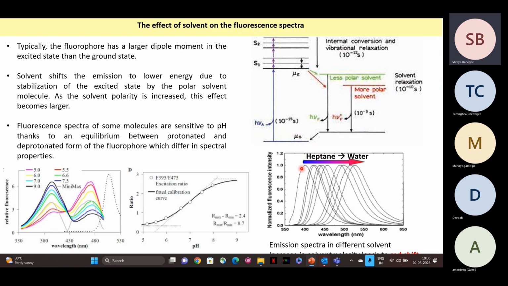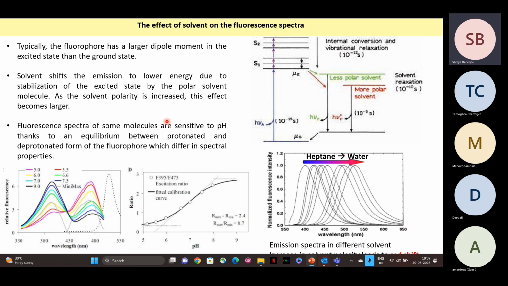As the polarity of the mixture increases, meaning the percentage of water increases, the wavelength of fluorescence also increases. And increase in wavelength means decrease in energy. So this explains the effect of polar solvents. In polar solvents, the wavelength of this peak will increase to larger wavelengths.